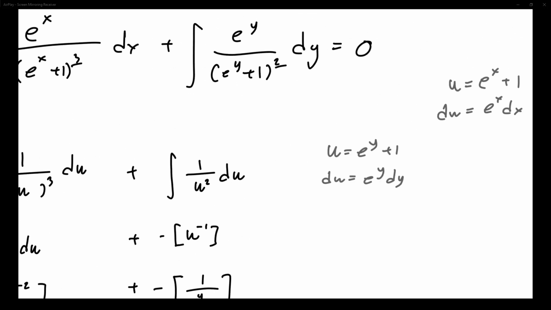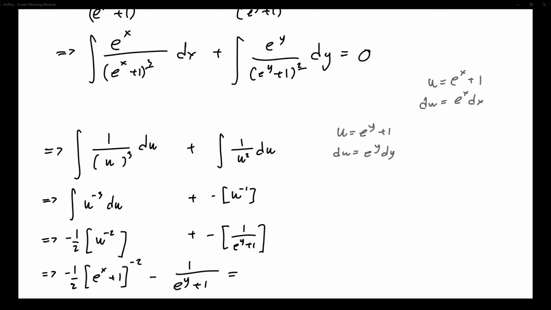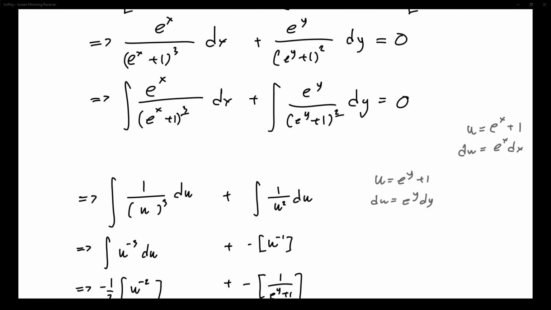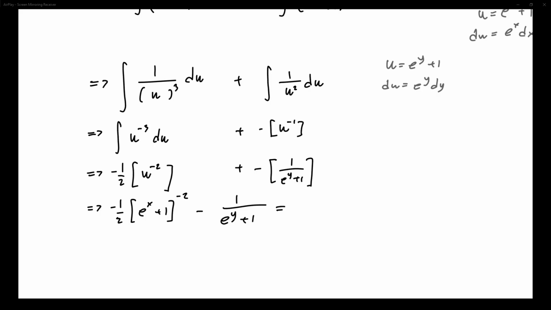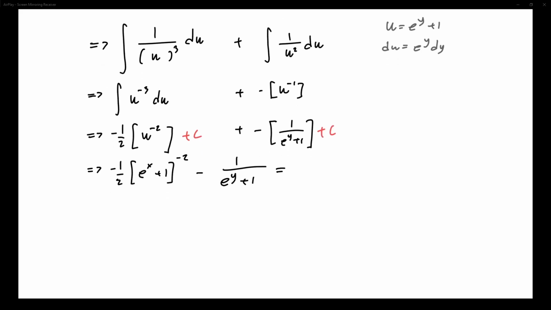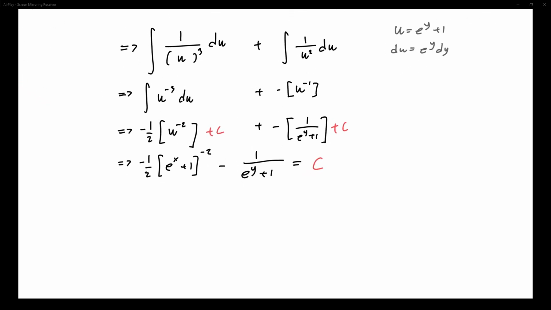Equals what now? Well, we just did some integrals. I kind of missed the part where they spit out constants. So you're gonna have a plus c to your answer right when you get about here. Plus c. Here too, a plus c. Well, we can just kind of combine the c's together and move them to the other side. So we're gonna have the whole thing equal to c.